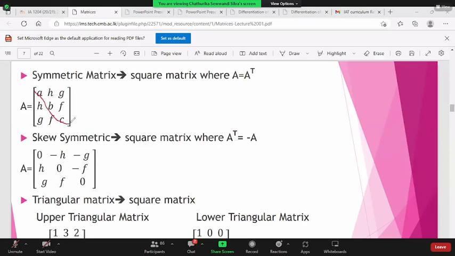Other than these diagonal elements, in the non-diagonal elements there is some symmetry: H, G, G, F, F. So that means other than the diagonal elements, there is symmetry between these two elements. So this is called the symmetric matrix.